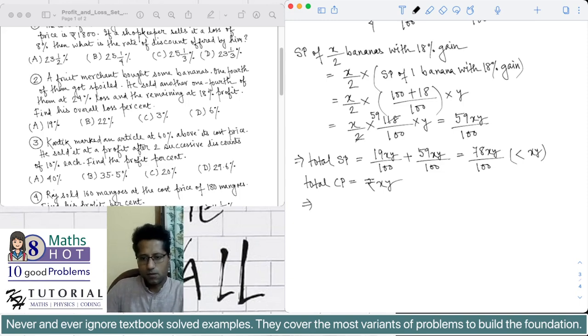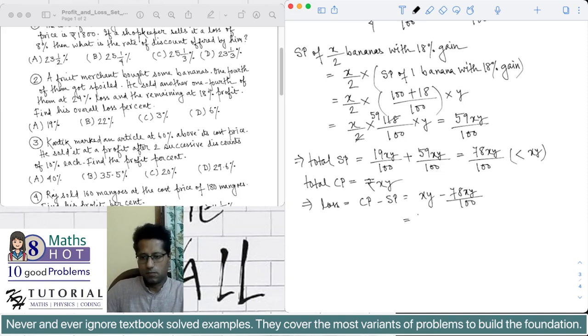This implies loss is equal to cost price minus selling price, which is equal to, ignoring the rupee symbol, xy minus 78xy by 100.